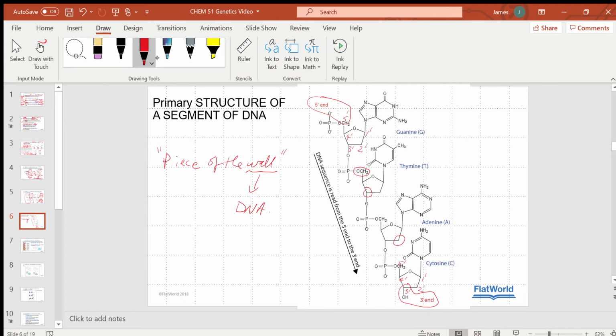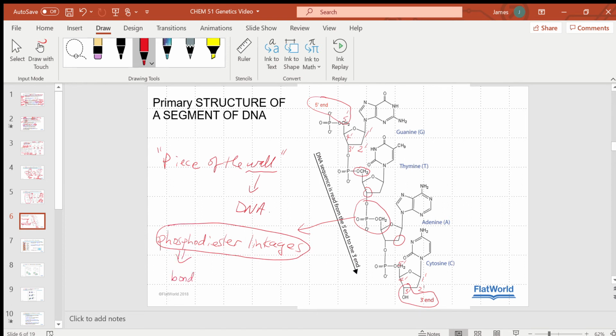Between the 5' and the 3' end, we have these phosphate linkers. So these linkages are called phosphodiester linkages.